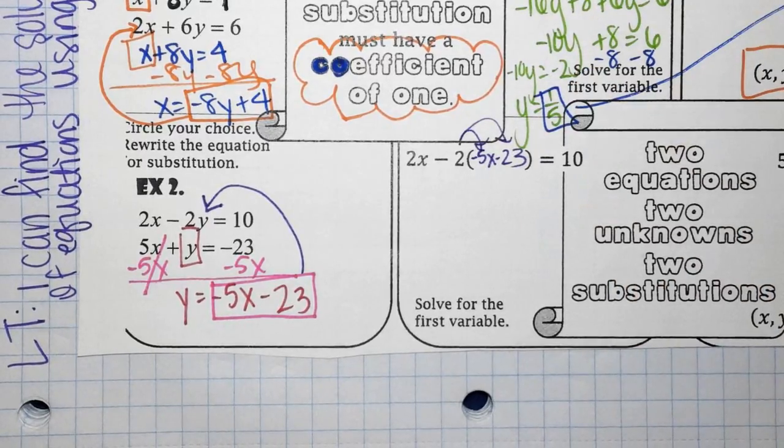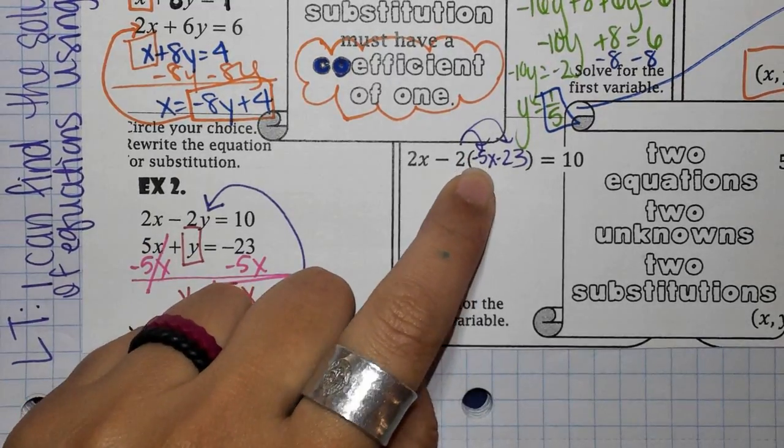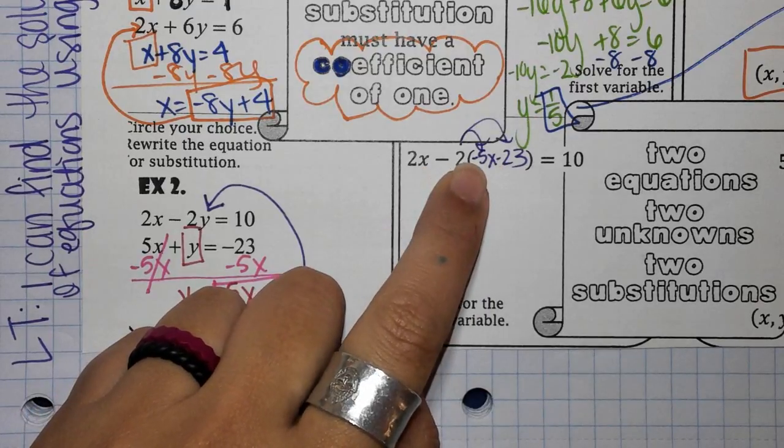Is everybody with me before I move on? Nick, are you on the same page? Can you tell me what negative 2 times negative 5 is? I'm multiplying by the first thing right here. What's negative 2 times negative 5?